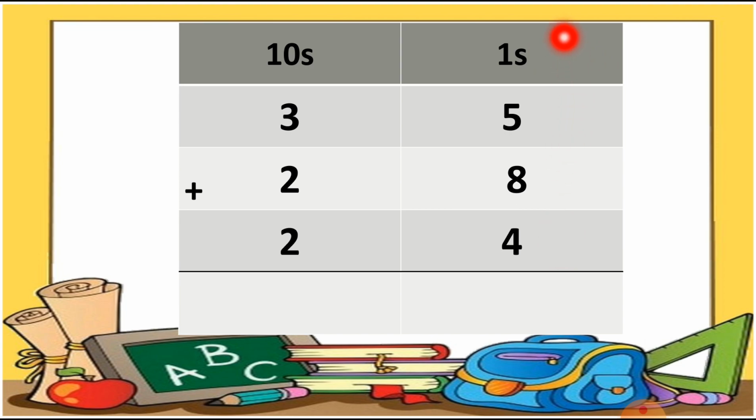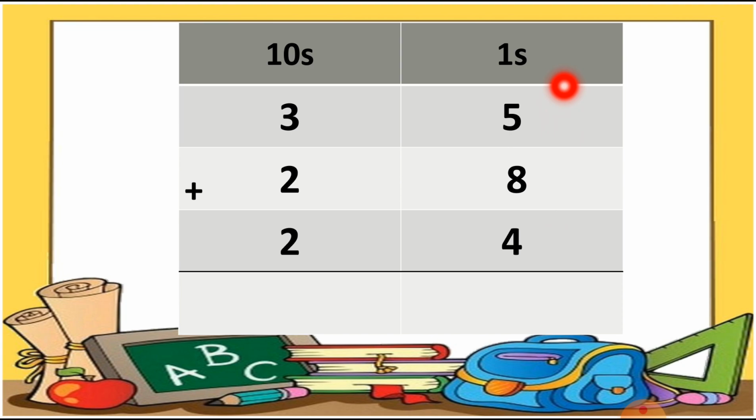If the column names are not mentioned, you have to understand which is the column of ones or tens. Here you can see the right column is always the ones column, which is the last one. Now here students, 5 plus 8 plus 4.